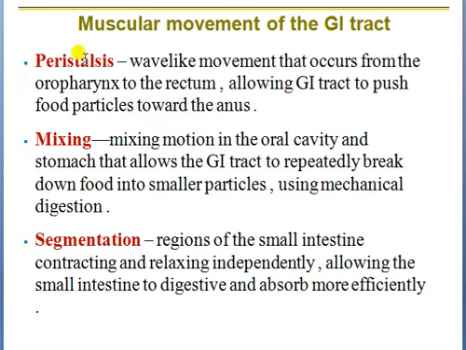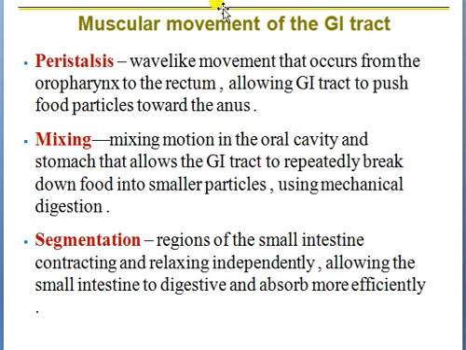See how this muscular movement happens. First, peristalsis is a wave-like movement that occurs from the oropharynx to the rectum, to push the food particles toward the anus.